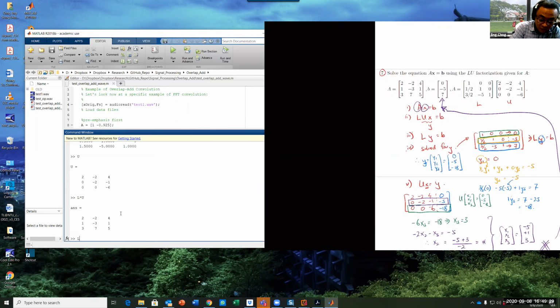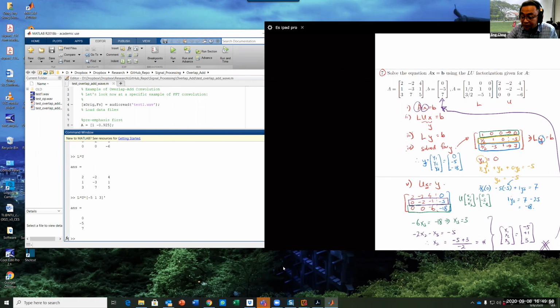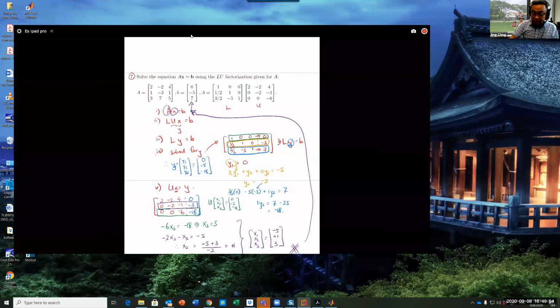L times U times x, where x is minus 5, 1, and 3 transpose, and the answer is 0, minus 5, 7, and that is the correct answer. So we check it out and we are fine with question number 7. Any questions so far? Okay, great. So this is question number 7.